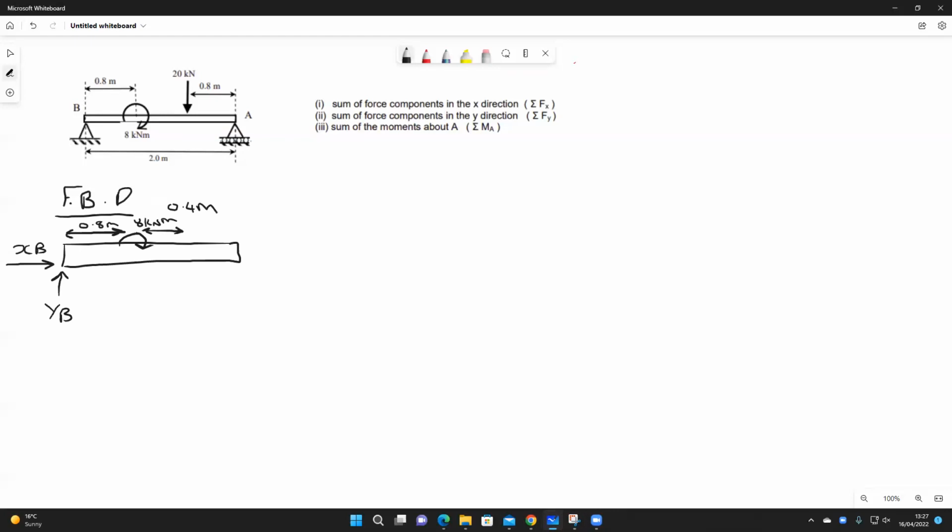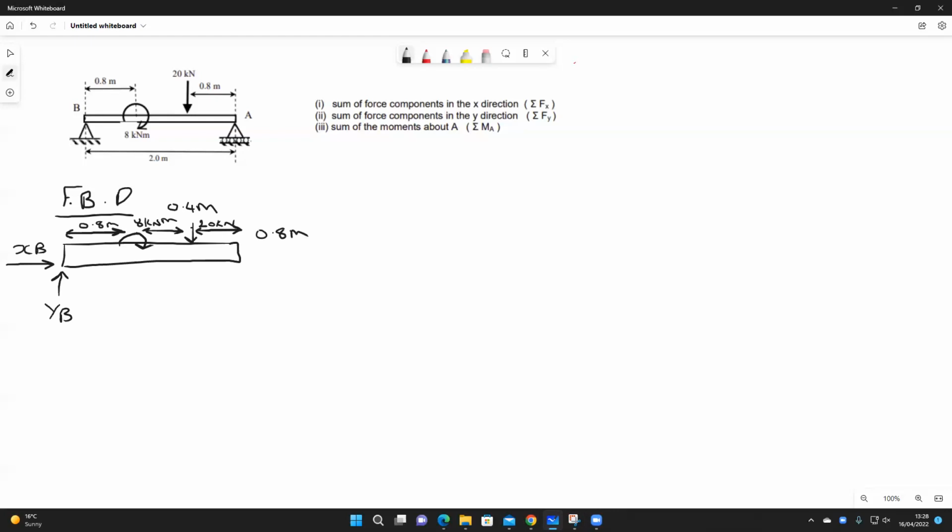And then we've got a point load of 20 kilonewtons. And then a distance from the point load to the end of the beam or structure, or whatever you want to call it, of 0.8 meters.